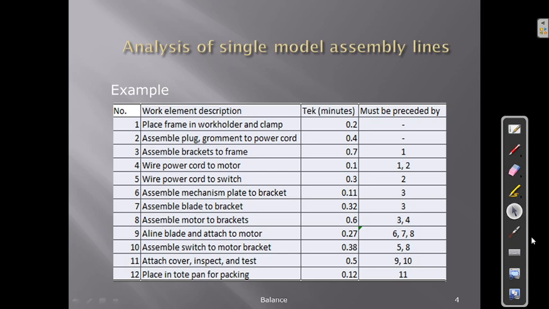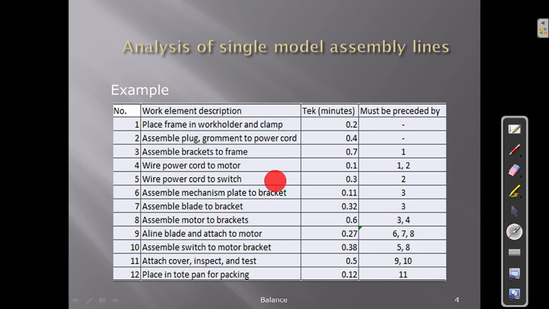This is the tabular column given. There are the numbers and this is the work element description. Place frame in work holder and clamp. Assemble plug to power cord. Assemble brackets to frame. Wire power cord to motor.